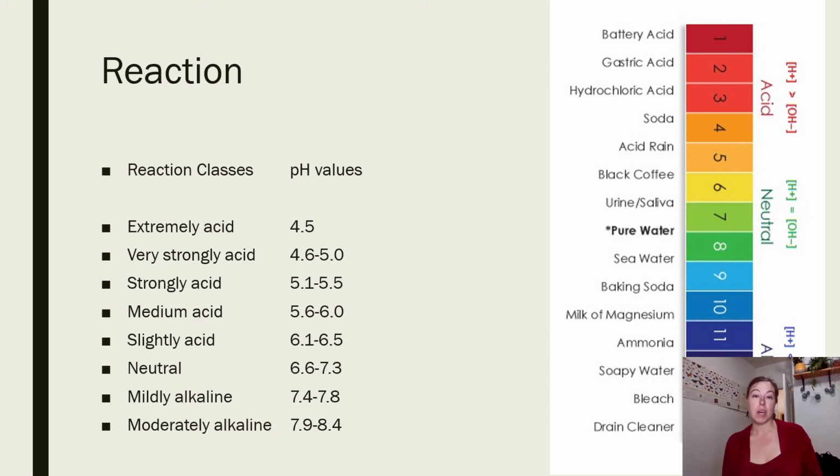Beyond that, they become quite toxic. Life does not like to live in extremely acidic or alkaline environments. So your homemade pH indicator, it's not very detailed, but it will show you the mild pH changes of 4, 5, 6, 7, 8.